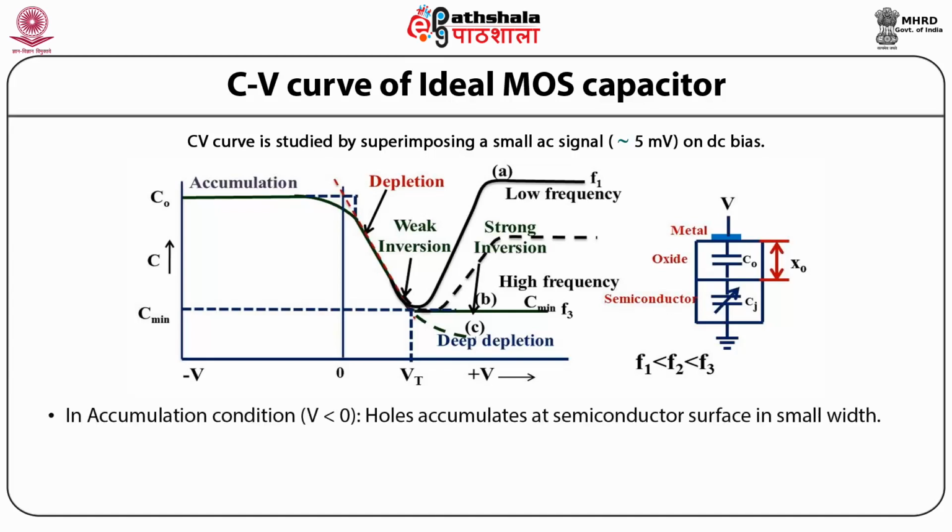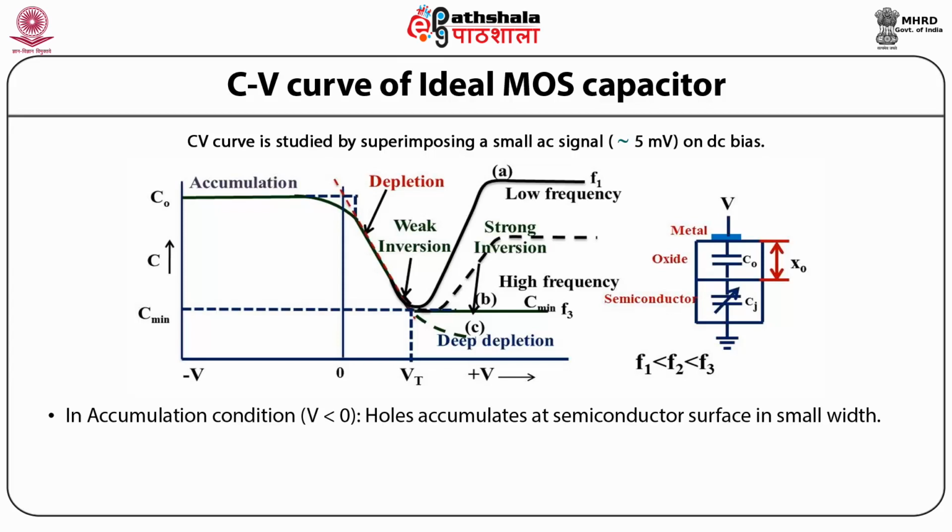So in the accumulation regime, that is when V is less than 0, there is no depletion region, and the total capacitance is approximately equal to C naught, a constant, which is equal to epsilon oxide by chi naught.